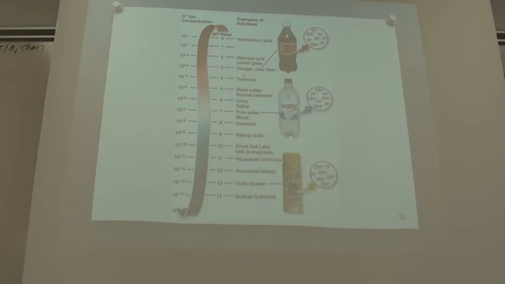You would use a base. How many people have ever heard of an antacid? Tums is an antacid. What does it do to excess acid? It neutralizes it. Good. All right. Let's get on to the math part.